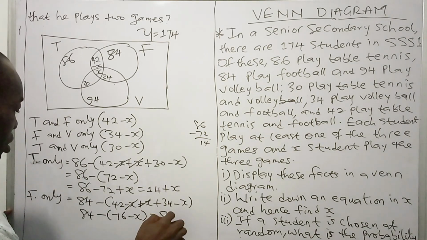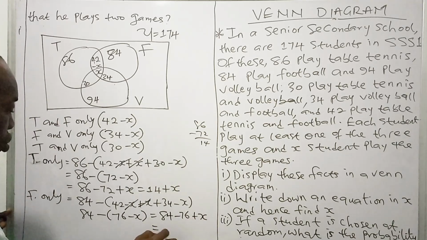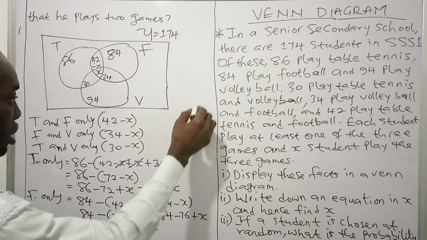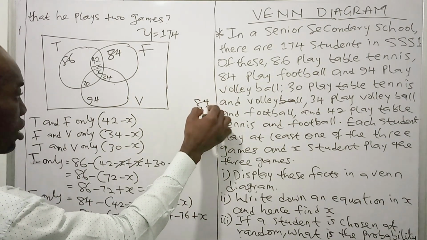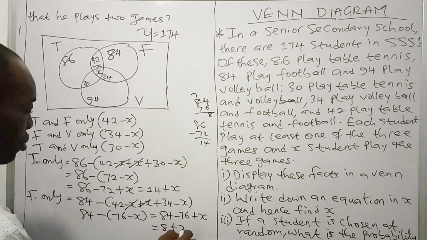We're going to have 84 minus 76 plus X. When the bracket is open, minus times this is minus 76, minus times minus X is positive X. And we'll subtract 84 minus 76, that should give us 8. So that's 8 plus X.